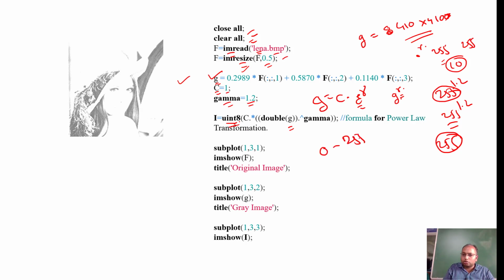That's why we convert it into unsigned integer 8, and for that purpose we have done this outside of this bracket. So C multiplied by this gamma, and we calculate this value by means of this step. Finally we have plotted all the images. Let us take this and perform this program.